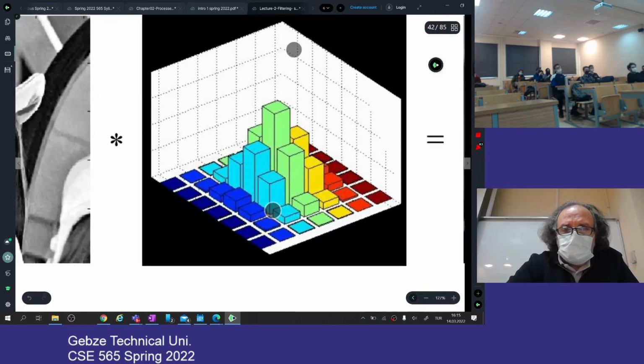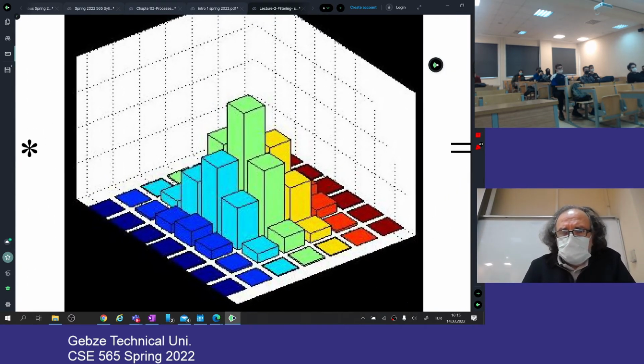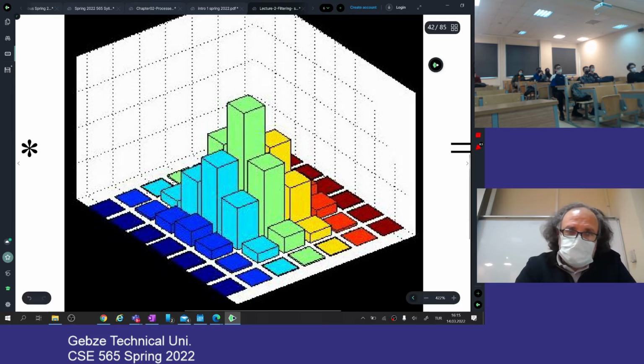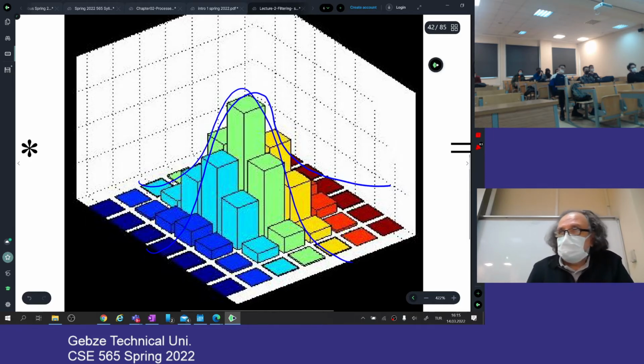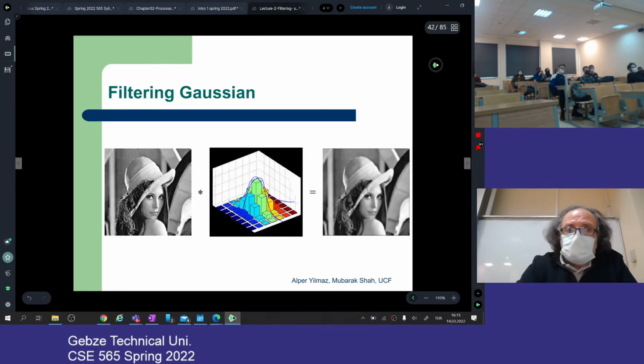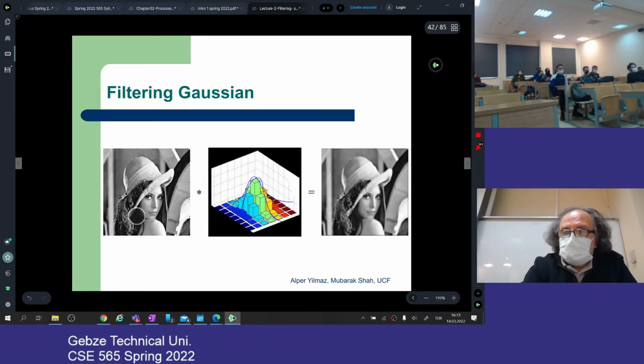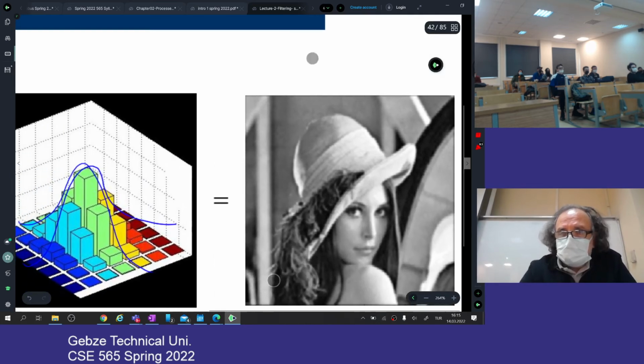So first of all, what kind of filter do you see here? It's not all ones, it's not all zeros, right? Two-dimensional Gaussian. It's like this, right? In both X and Y dimensions. It looks like Gaussian, right? So if I apply a two-dimensional Gaussian on this image, I would get this.